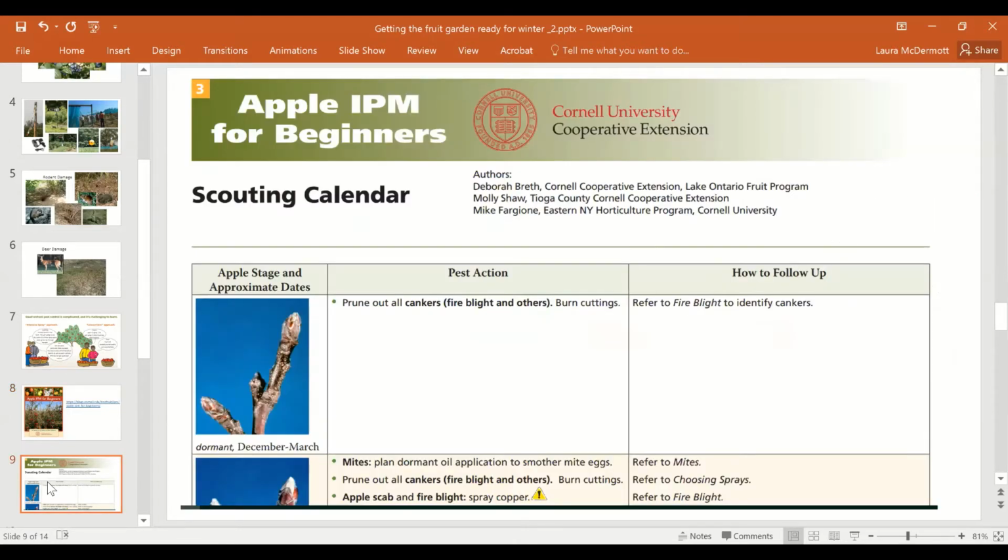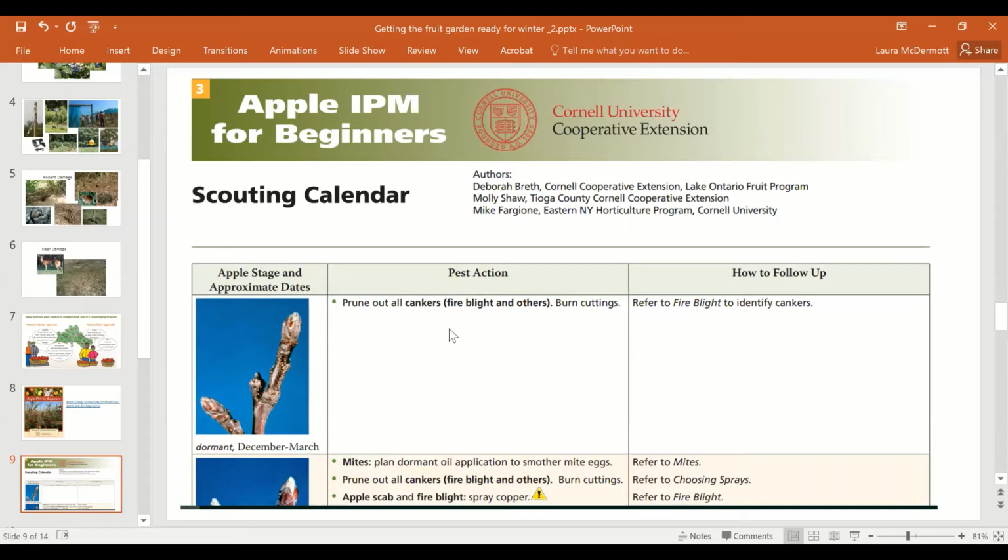So this is just a picture of one of them. It sets out this whole scouting calendar, which is all keyed into the phenological stage of the plant. So here we have a dormant bud, and it gives you actually what you need to do in order to avoid some of these really tough pests.